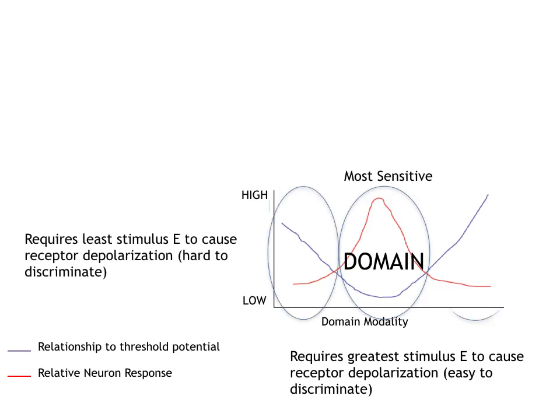So we have our area of most sensitivity, that is where it requires the least amount of energy to fire. And then we have our area of most selectivity, that is where I need the most amount of energy to fire. Where I am very selective, I can discriminate very easily. Where I have the most sensitivity it's very hard for me to discriminate. Some areas we have very good quote-unquote tactile sense, such as the tips of our digits, where we can be both very selective as well as very sensitive.